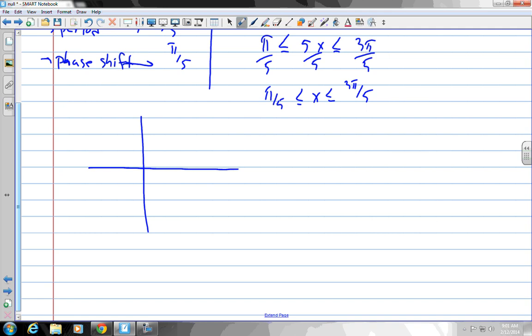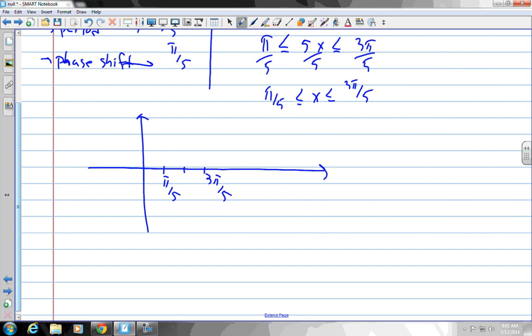We can try to sketch the graph. So hypothetically speaking, this is pi over 5, and then this is 2 pi over 5, this is 3 pi over 5, right? Just by the way the fractions work.